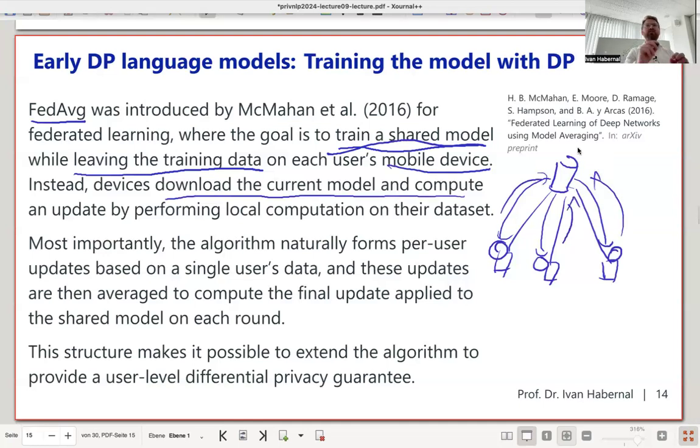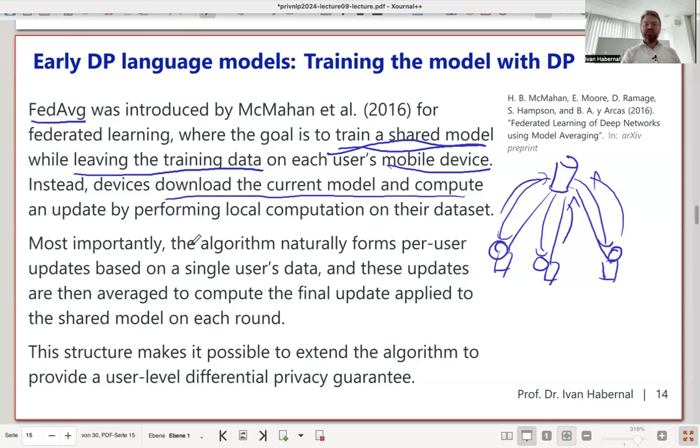There is some averaging, and you need to protect these gradients as well. Then the model is updated and you repeat in the next step. This is basically how federated learning works in a nutshell: you don't share your training data, you keep it on device, but you share the model through these client-server exchanges.